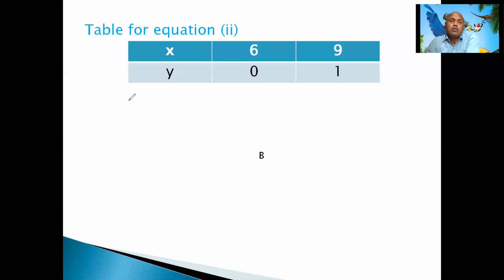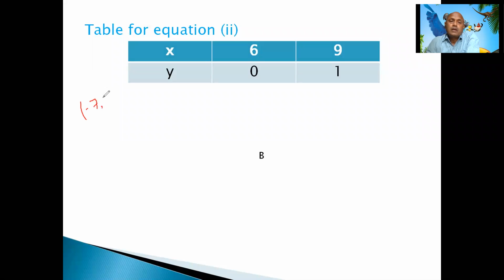So now we have the coordinates minus 7, 5 and 0, 6 for equation 1, and 6, 0 and 9, 1 for equation 2. So for both the equations we will draw the graph.